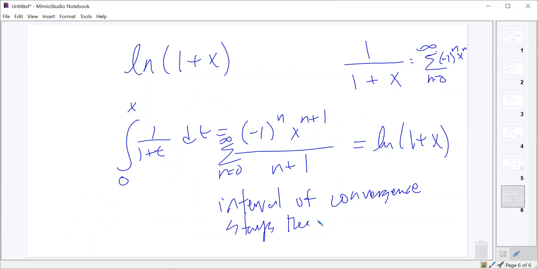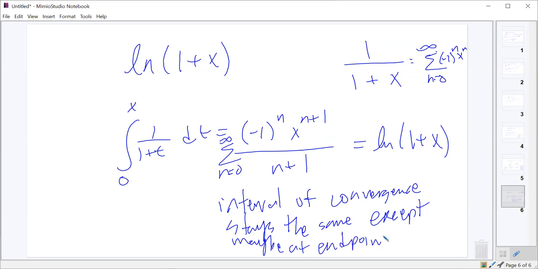except maybe at the endpoints. So whenever you integrate, you've got to go in and check whether the series represented by, in this case, plugging in 1 and plugging in negative 1 into this works, since the interval of convergence on this should stay as negative 1 to 1.